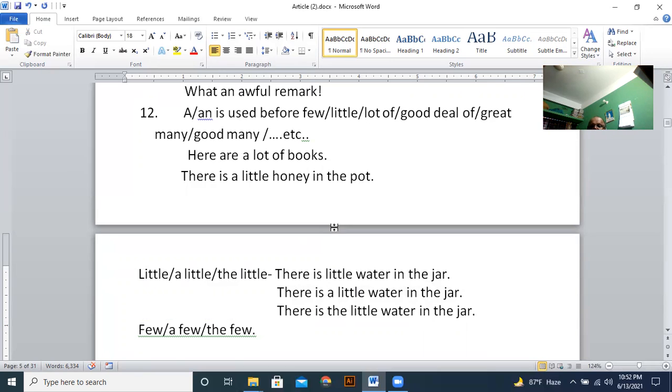The jar has some water, but not much used. A little water means some use. But the little water means the jar has full water, but only a little water is shown.